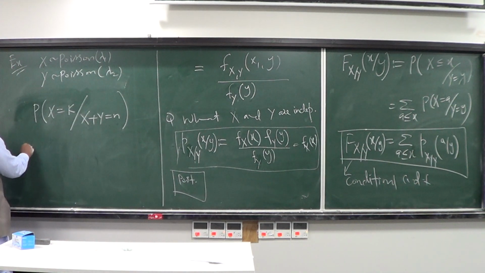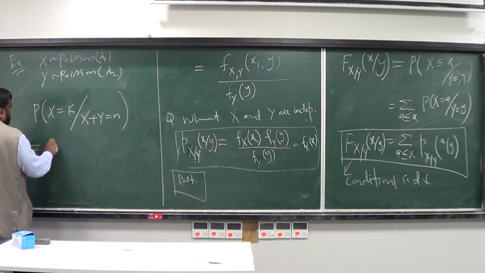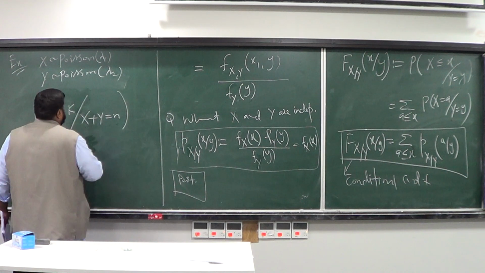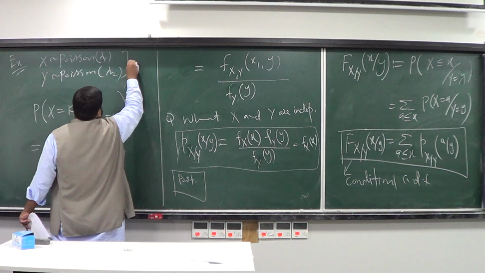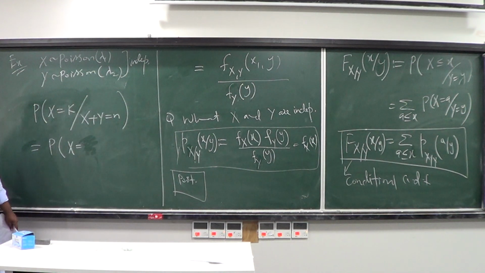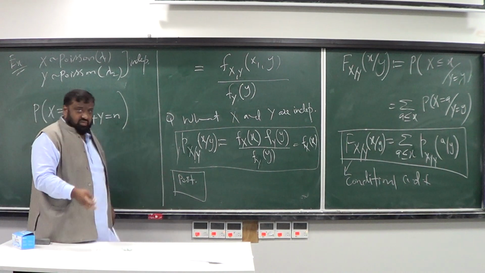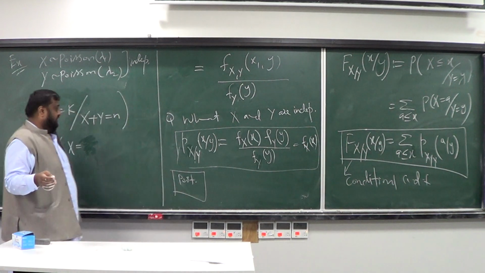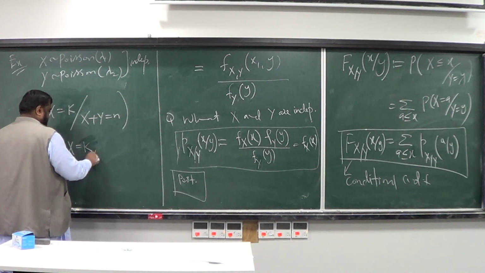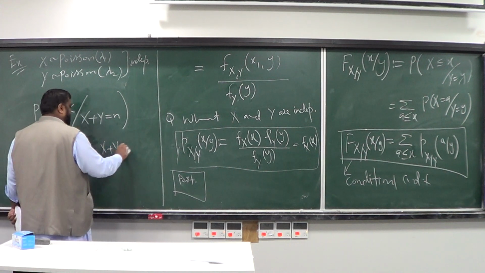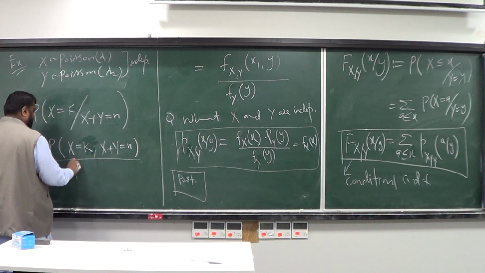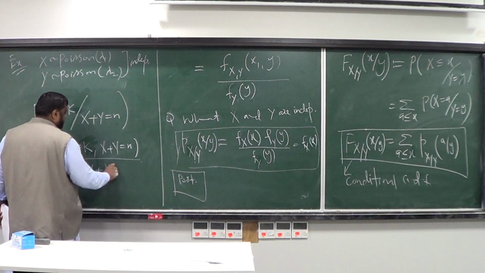How can I compute it? The trick could be that, okay, let's write the probability of X equal to k given that X plus Y is n. By the way, we have an assumption that both are independent, so the number of males and number of females that visit the post office on a given day are independent from each other. So what is the probability that X is k and X plus Y is n, divided by the probability that X plus Y is n?